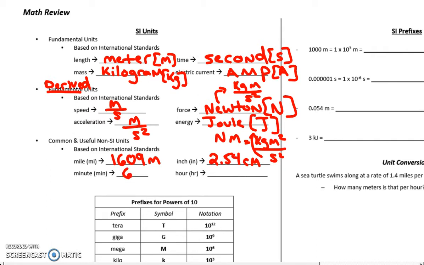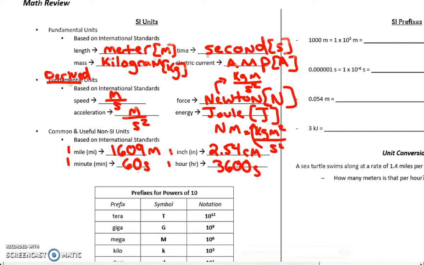There are 60 seconds in a minute, and 60 minutes in an hour. So there's 3,600 seconds in 1 hour. And in all these scenarios, 1 mile equals 1,609 meters, and so on and so forth.